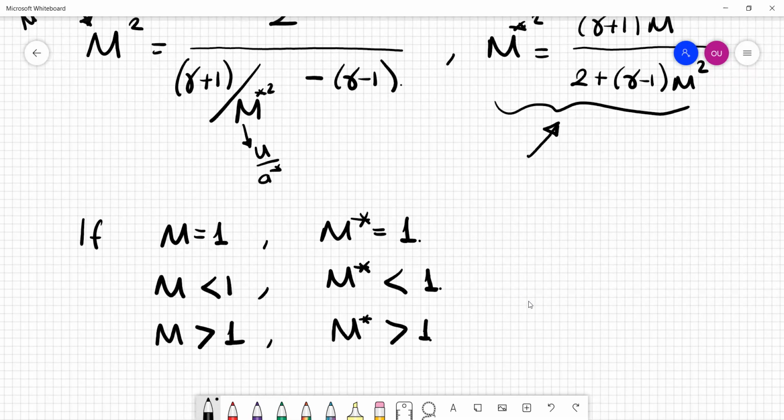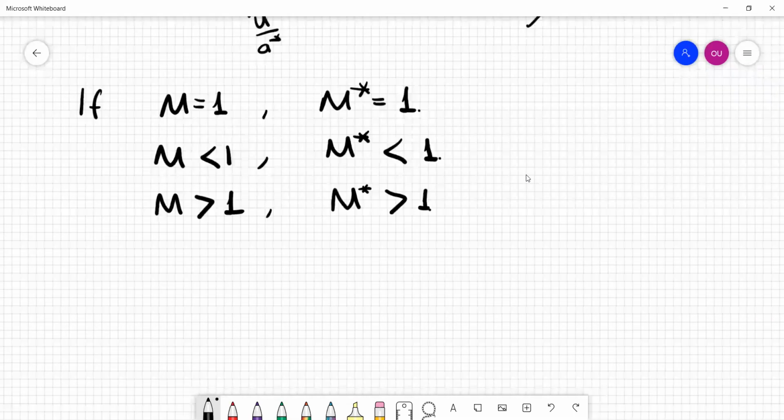So M star behaves physically and mathematically very much similar to Mach number, except for one important difference. For the special case of local Mach number M going to infinity, well, mathematically that is, or more practically going to very large numbers, high Mach numbers, then M star does not go to infinity.